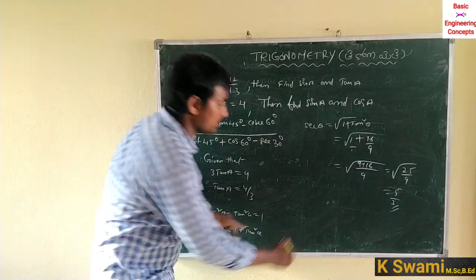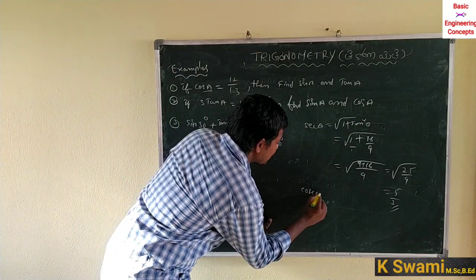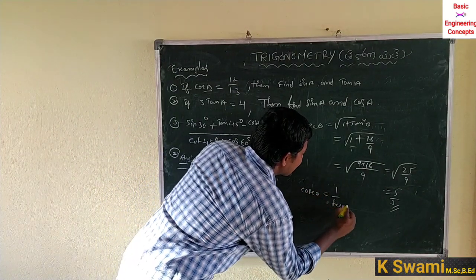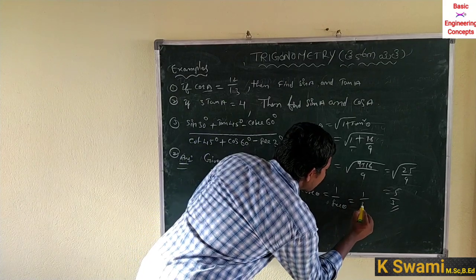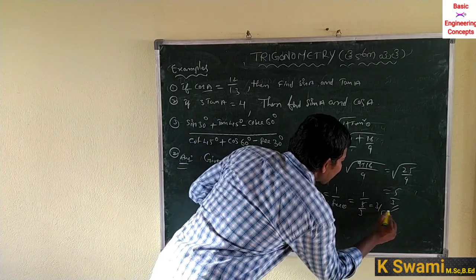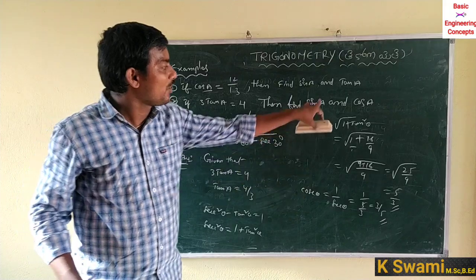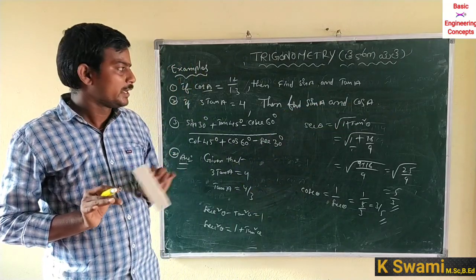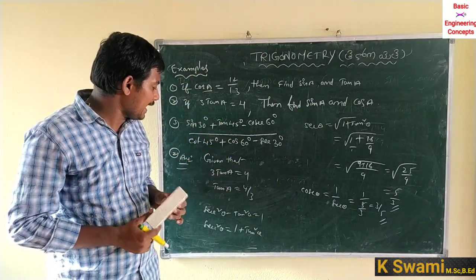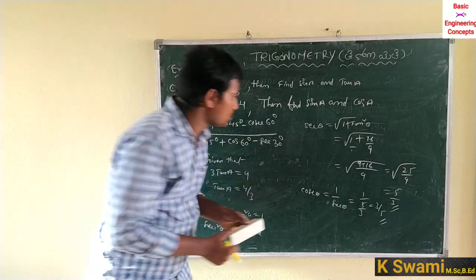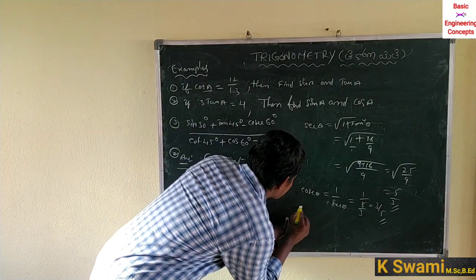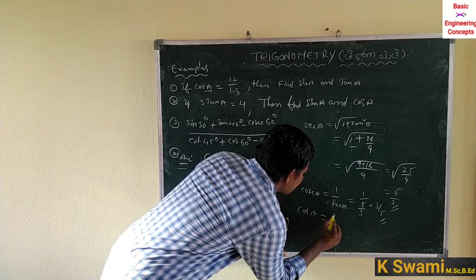But we know that cos theta is equal to 1 by secant theta. So 1 by 5 by 3 is equal to 3 by 5. Theta or A, both are angles, so finally cos A is equal to 3 by 5.